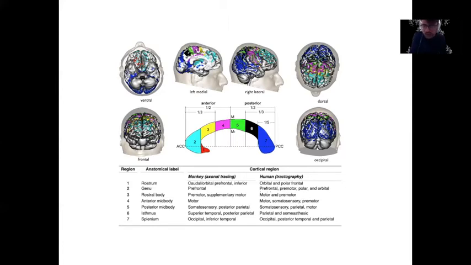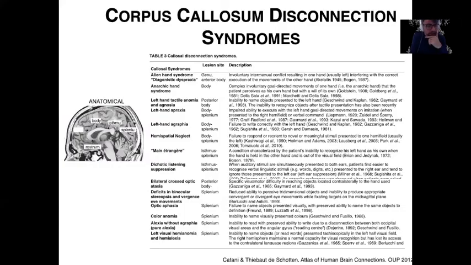According to the different part of the corpus callosum that you disconnect, you can have different forms of neuropsychological manifestations, mainly because neurosurgeons have been trying different forms of disconnection in order to minimize post-surgery disorder.